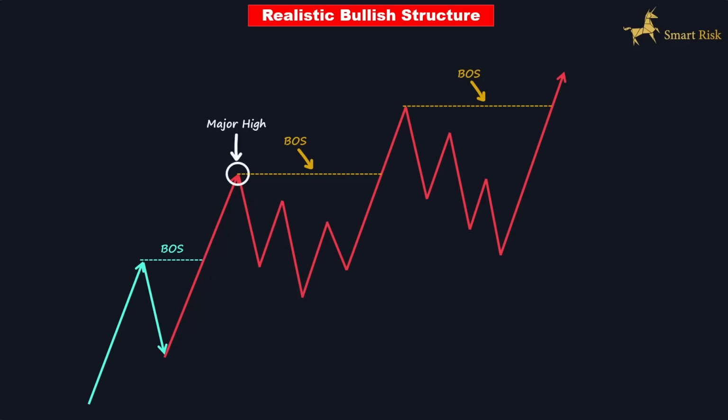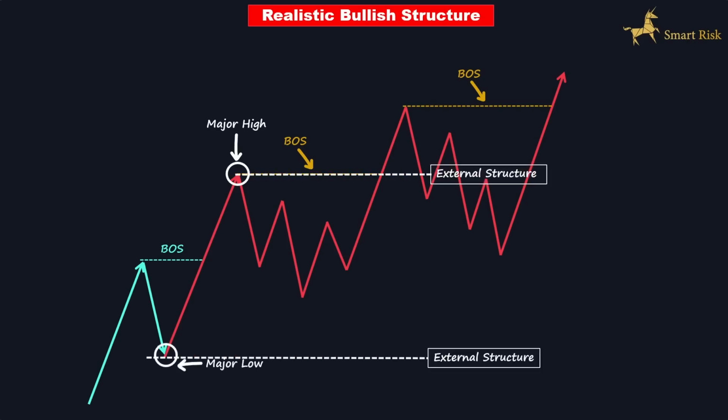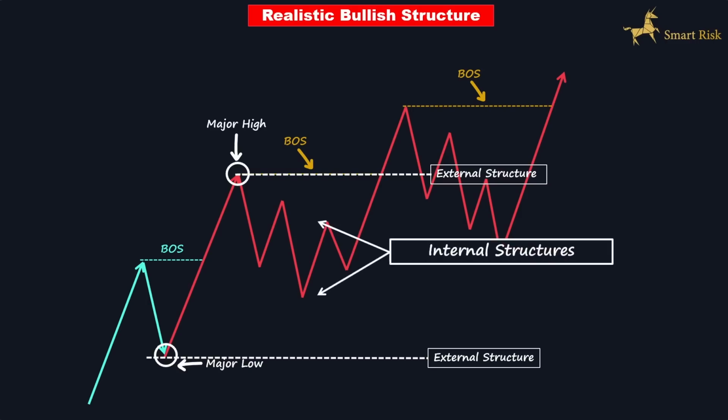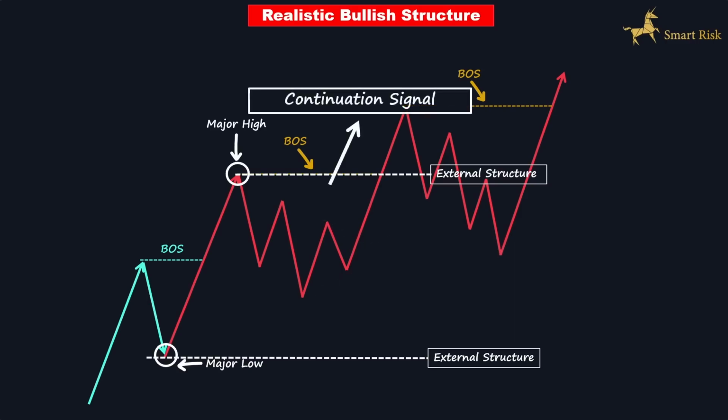Additionally, the lowest point of the bullish wave that initiated the upward movement, leading to the formation of a break of structure and a new high, is recognized as the major low. These 2 points constitute the major external structures, and every structure formed between them is regarded as an internal structure. If the price breaks the major high to the upside, creating a break of structure, BOS, it signals a continuation of the trend.